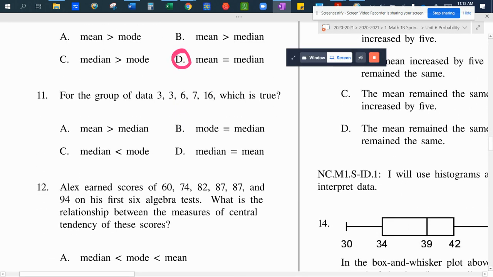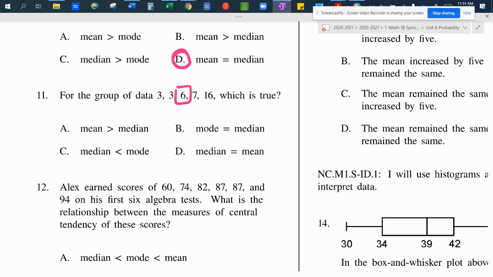So looking at this, if I have here, what's my median of this set? 6. And if I add up all of these values and divide by 5, is that going to be... well, if we divide by 5, what would make it less than 6? Okay, let's rephrase that.